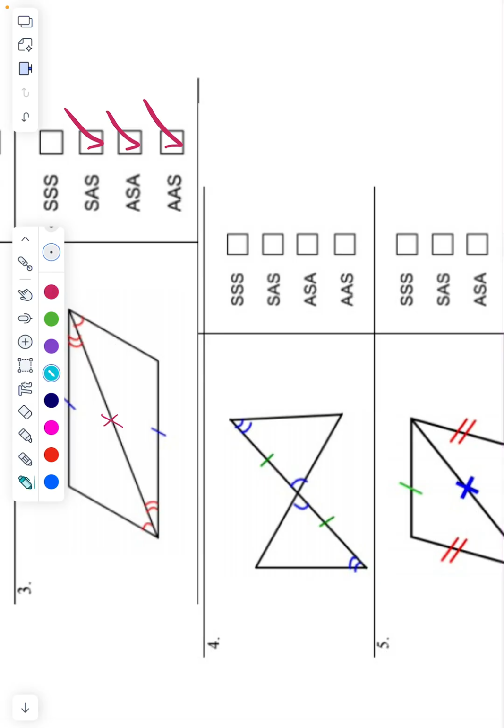All right, next one, which is what? Angle, side, angle. What kind of angles are those that you need to keep your eye out for? Okay, and I'm asking you these questions because obviously today we're starting proofs. Do we have enough information to say those lines are parallel?